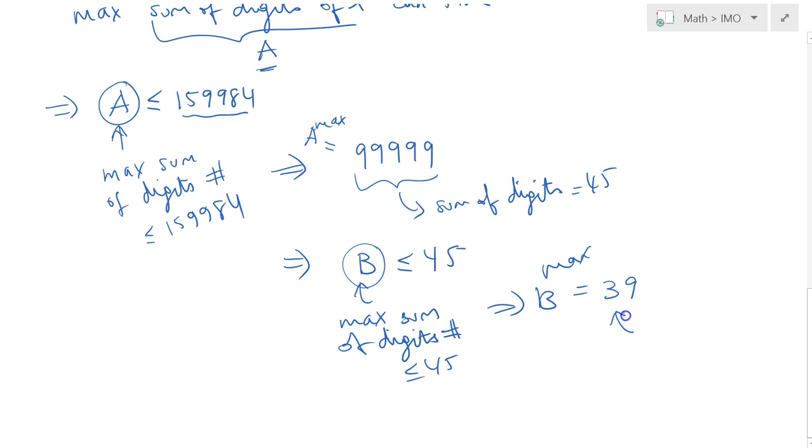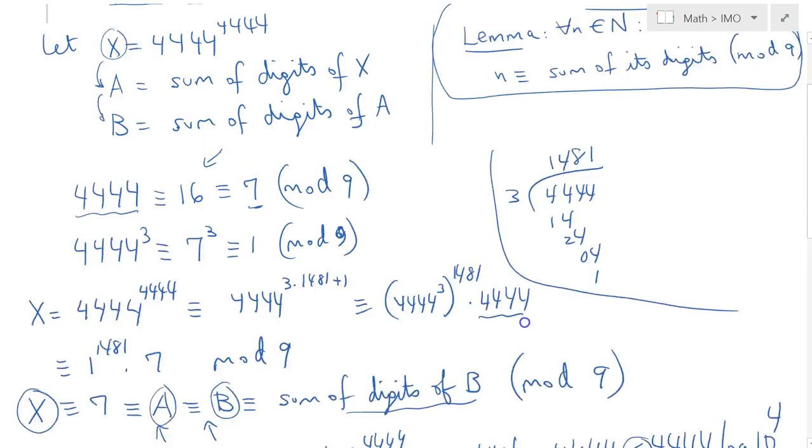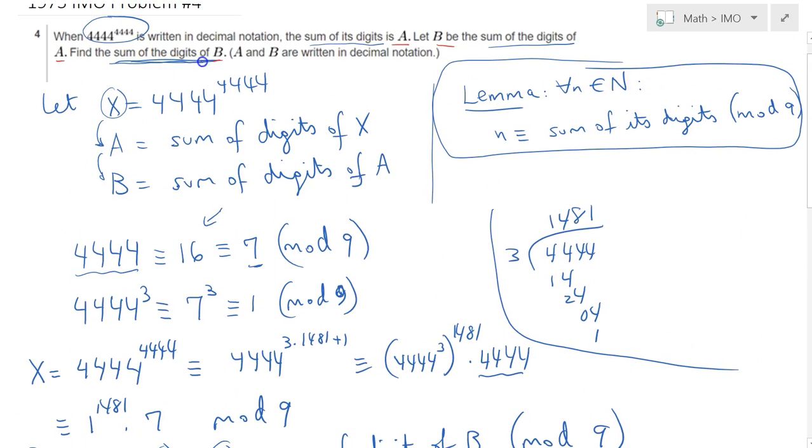So as a result, the sum of digits of b at most would be at most 12. Now the question, going back to our problem, we need the sum of digits of b.